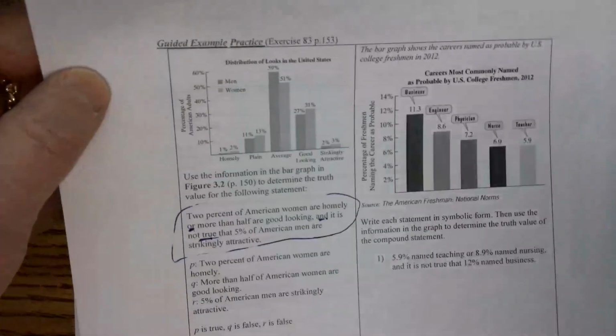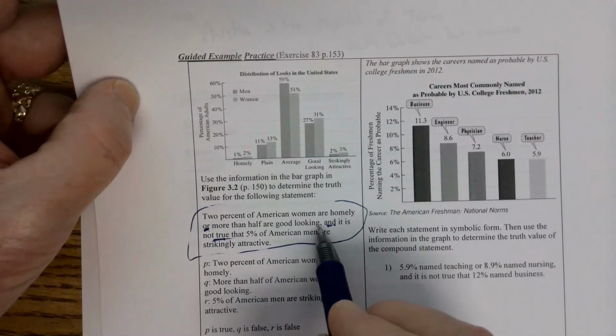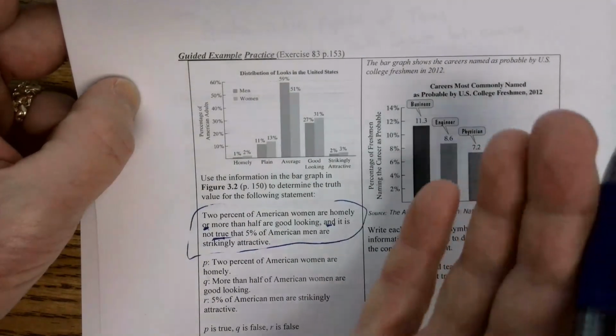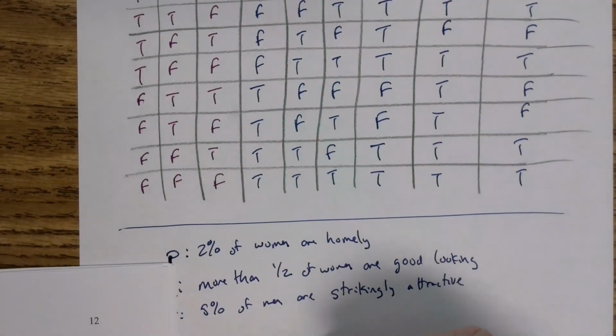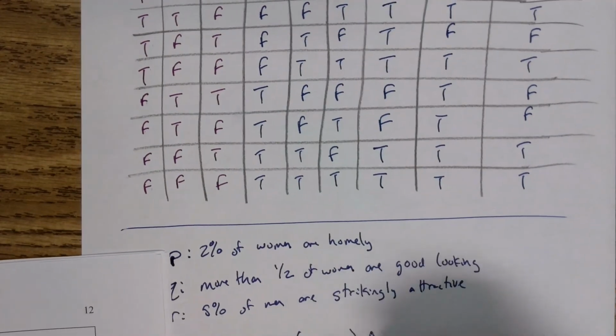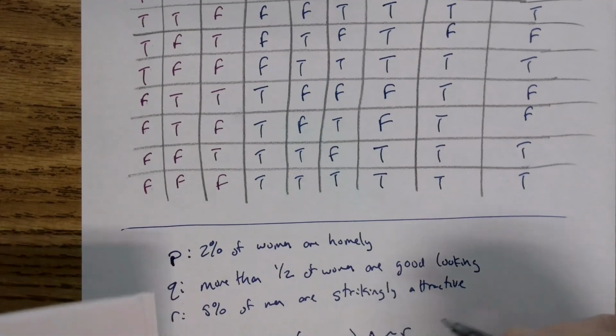Because it very much matters. When you're looking at these, look where the comma is. Everything to the left of the comma needs to be together, so the two on the left. So it's P or Q, and not R.